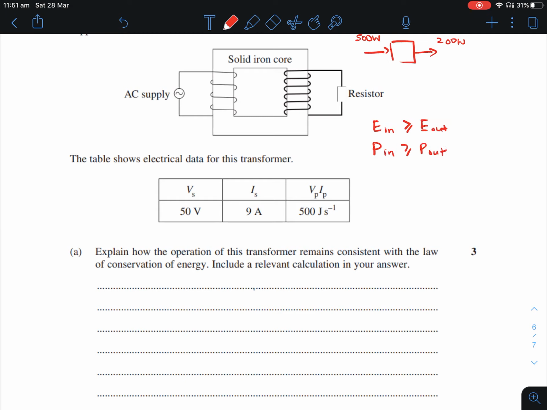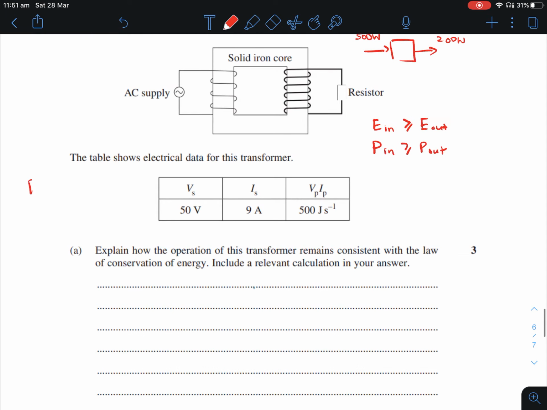And so let's calculate our power in and power out for this transformer here. Our power in is just our VP times our IP, or in other words, our voltage in our primary coil times current in our primary coil, which is 500 joules per second, or in other words, 500 watts.